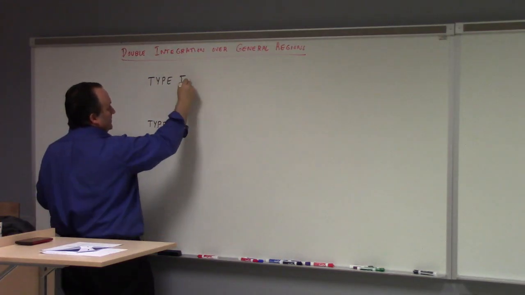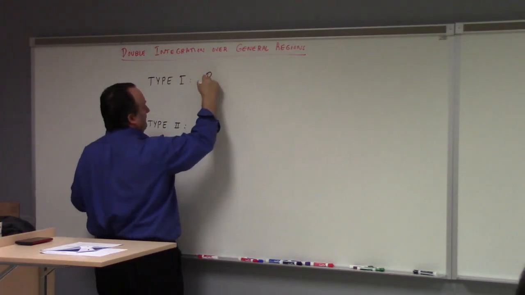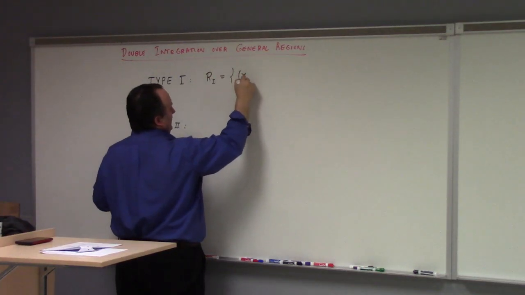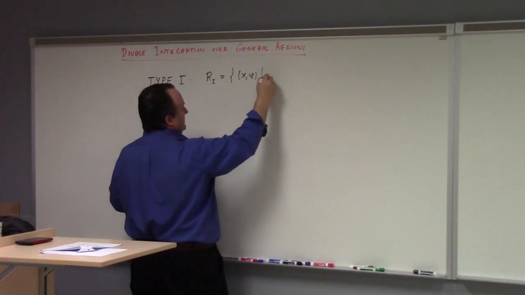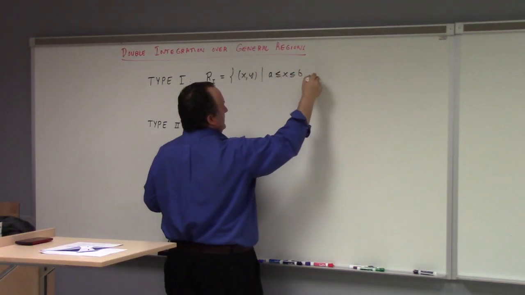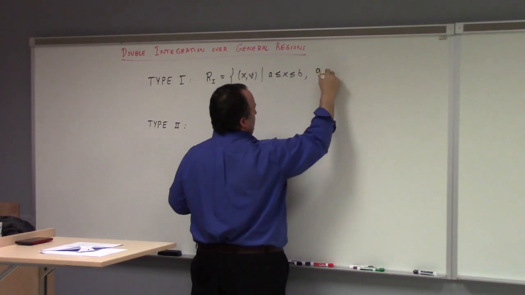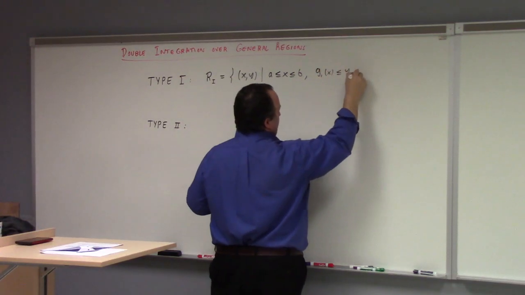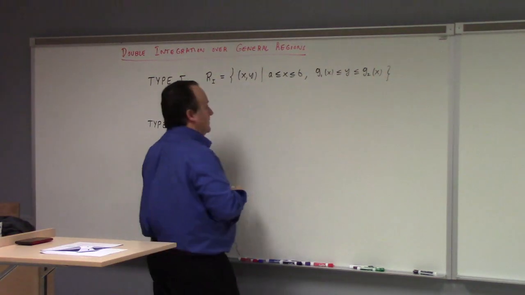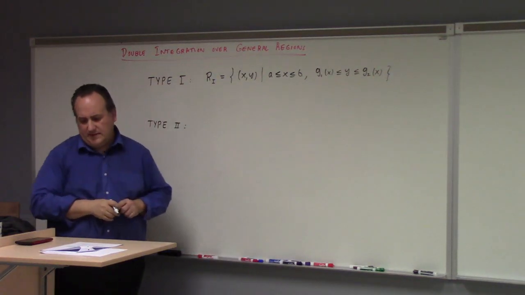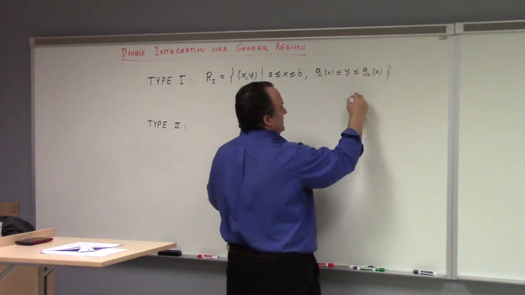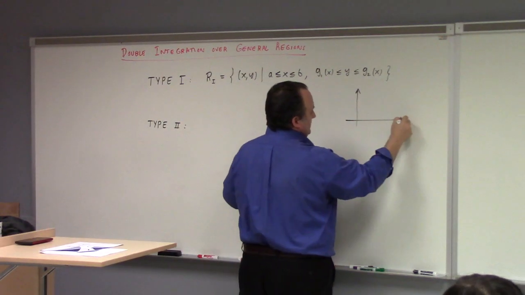So a type 1 region has the form (x, y) such that a ≤ x ≤ b, and g1(x) ≤ y ≤ g2(x). In other words, a type 1 region is one for which you can graph it something like this.